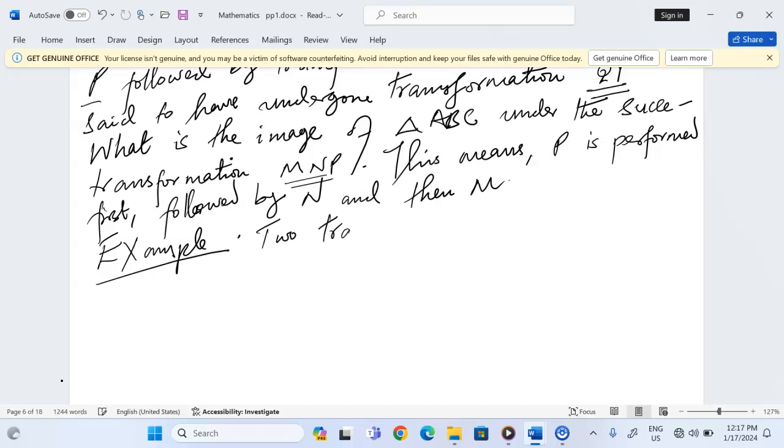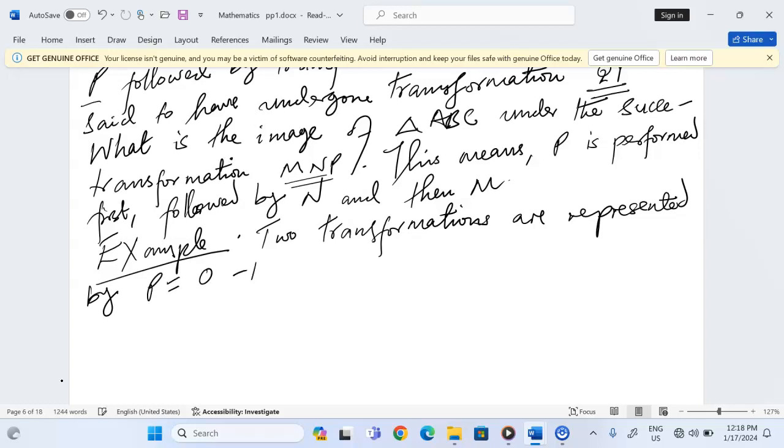Two transformations are represented by matrix P, which is equivalent to 0, -1, then 1, 0, and Q, which is equivalent to 0, 1, 1, 0. Find the image of triangle ABC.